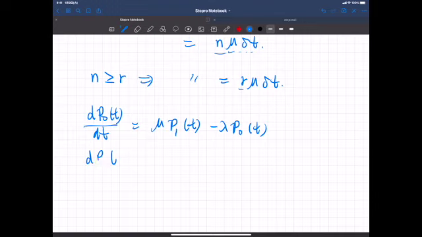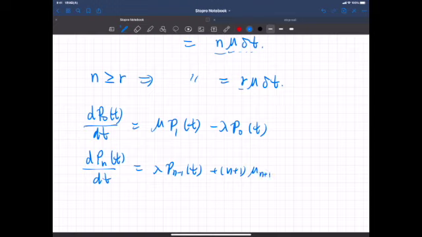Pn'(t) is equal to lambda P(n-1)(t) plus (n+1) mu P(n+1)(t), minus (lambda plus n mu) Pn(t).